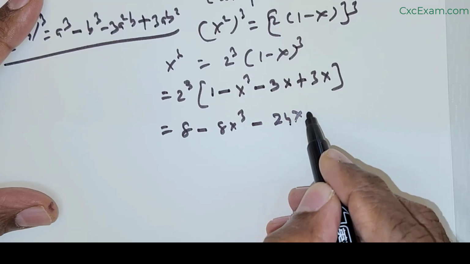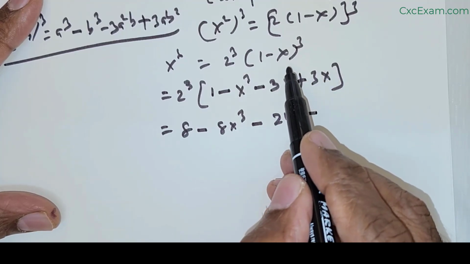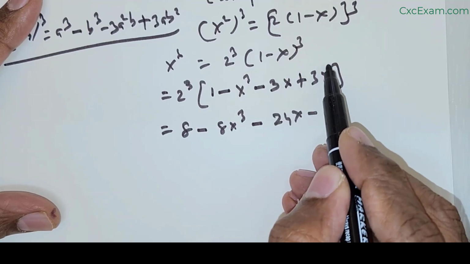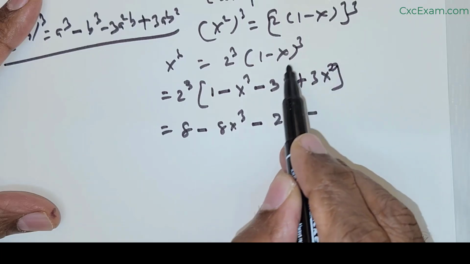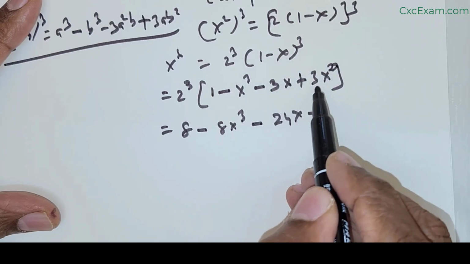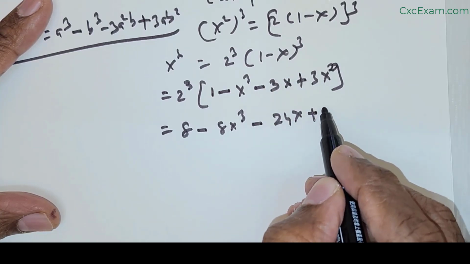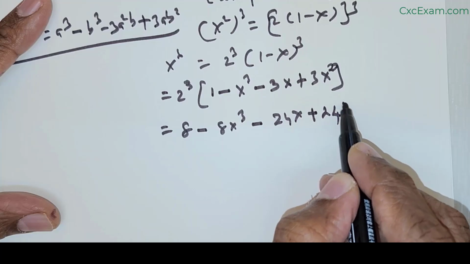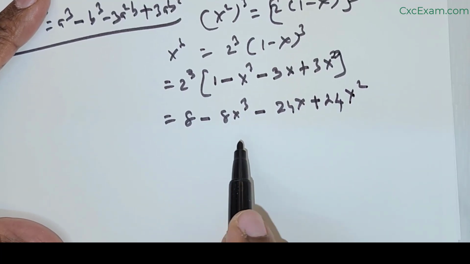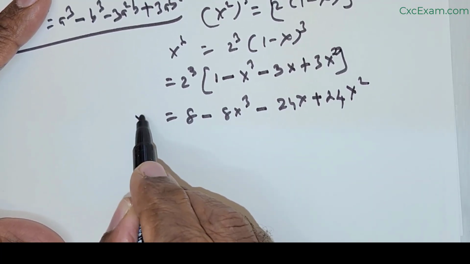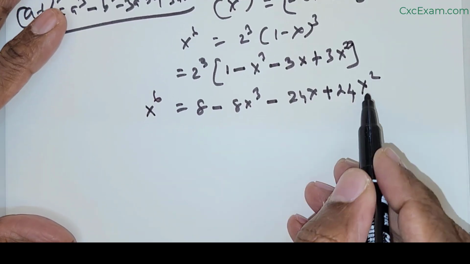So this is going to be rewritten as 8 − 8x³, 8 threes are 24x, and this should be an x² there, right? 3 times 1² times x plus 3 times x² times 1, and this is going to be 24x². Now on the left you have x⁶.